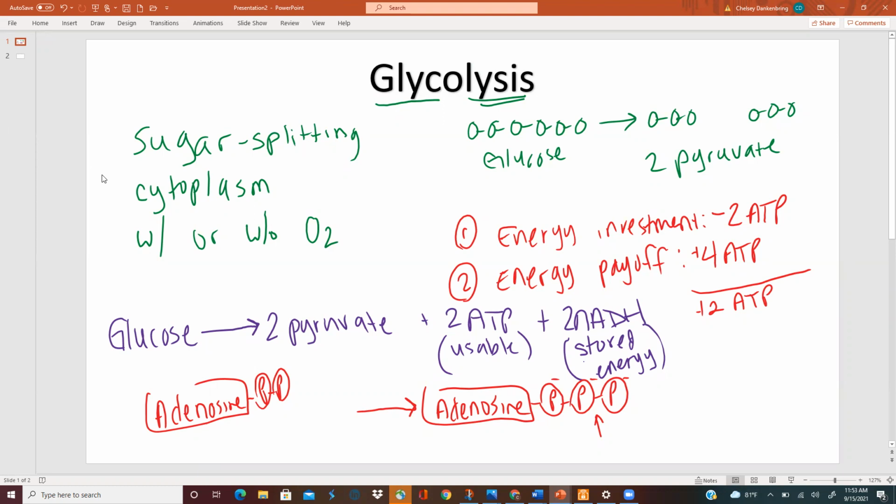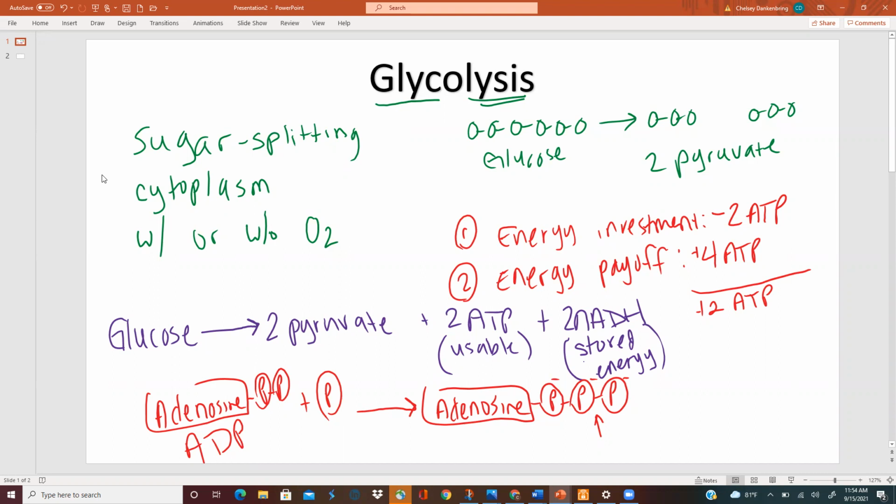So what we need during glycolysis, we have our ADP over here on the left, that's our substrate. And so we need to acquire this 3rd phosphate group from somewhere. And so it turns out during these steps of glycolysis, there's actually a molecule in the process that has a phosphate group. And so essentially what happens is an enzyme is going to cut that phosphate group off of the other molecule and stick it onto ADP.